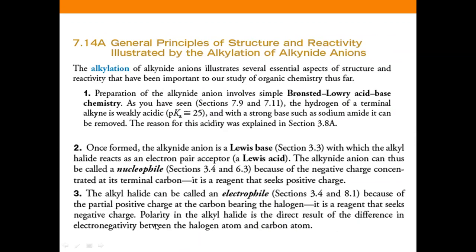I have already explained why. The alkyl halide is the electrophile because of the polarity of the carbon-halogen bond. It's because of the difference in electronegativity between the halogen and the carbon. The halogen will always be more electronegative than the carbon, so carbon will be left as a partial positive.